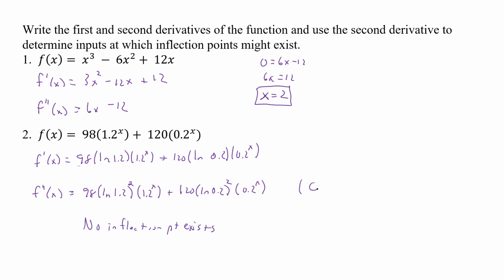And the calculator says no sign change. Okay, so that's how we figured out that one because it gave us no sign change, so that means no inflection point actually exists. All right, so let's stop there and we'll come back for more.